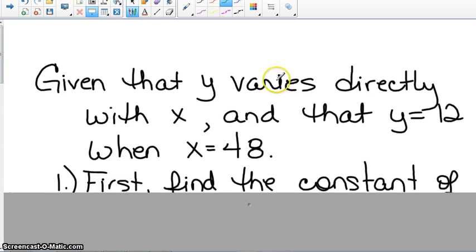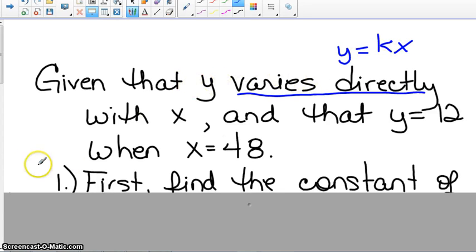So when we see that it says Y varies directly with X, immediately we should say, okay, we know that the relationship is going to be this. When I see that Y varies directly with X, it's going to be this equation.